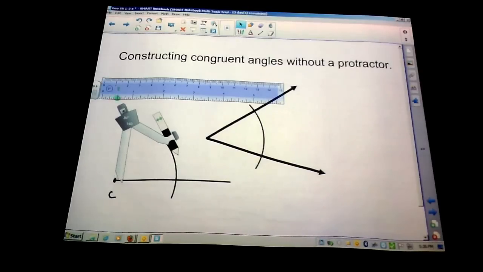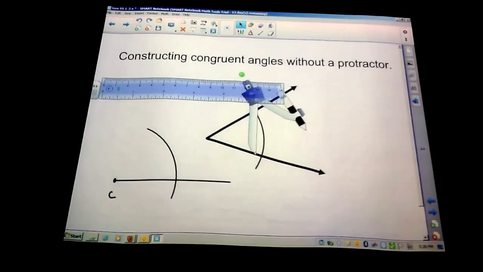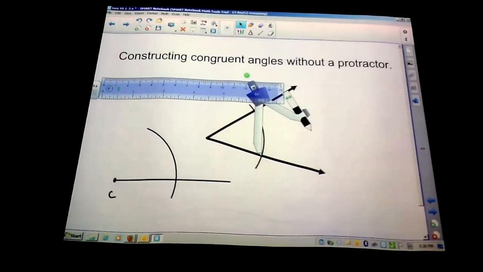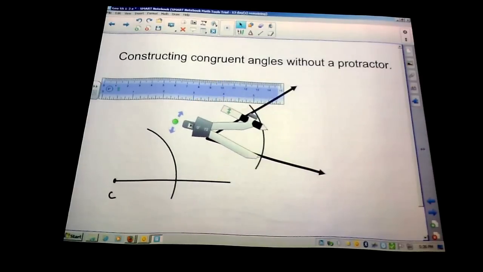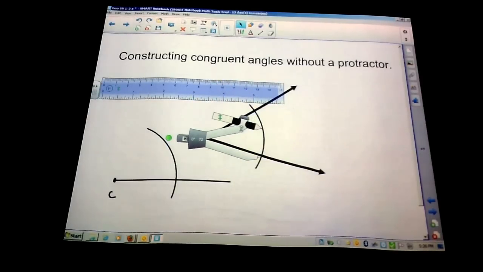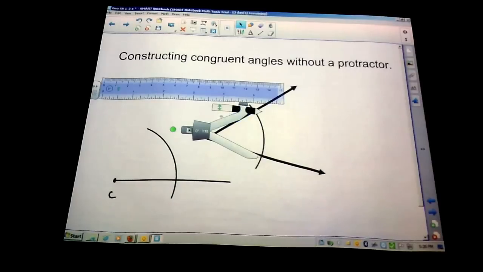Now I'm going to take the compass, I'm going to put it back on the intersection of that arc that I met with the original side, or the initial side, and then I'm going to measure out with my compass. You have to rotate it a little bit. I'll measure out with my compass the distance to the other intersection.